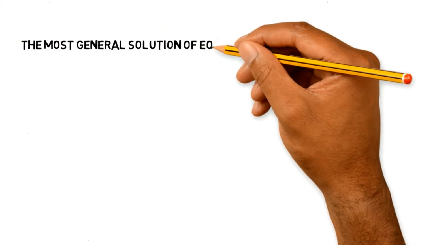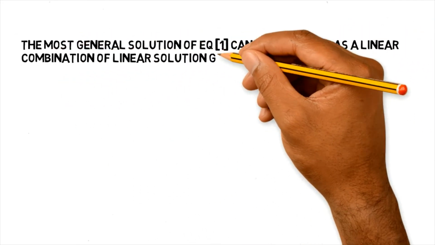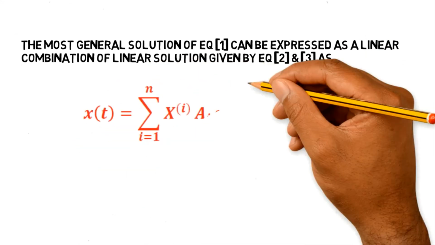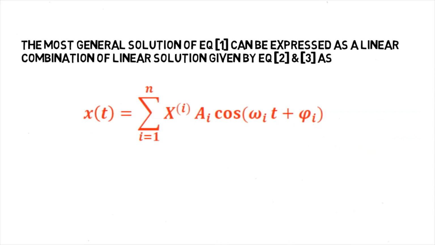The most general solution of equation 1 can be expressed as a linear combination of linear solution given by previous equation, that is equation 2 and equation 3.